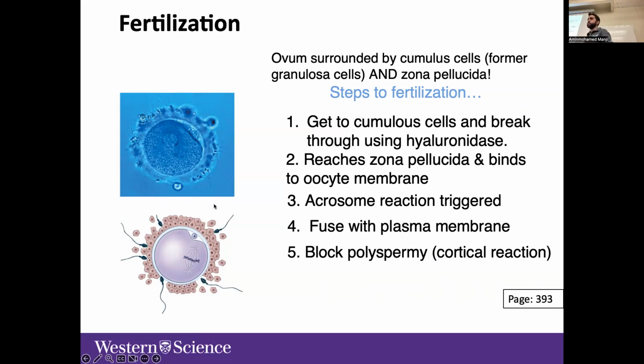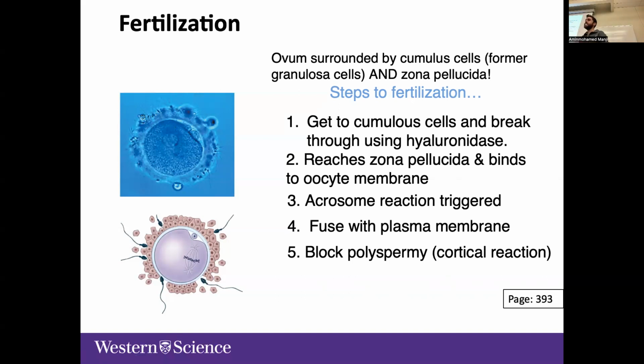Right, so for the sperm cell to deposit its DNA into the egg, it has to make its way through the cumulus cells. It's going to literally break them apart using an enzyme. It's going to reach that egg shell, the zona pellucida, and bind to it. And at that point, it's going to literally break its way through that egg shell. That's what's referred to as the acrosome reaction. So remember, the sperm cell has a specific structure in its head called the acrosome.